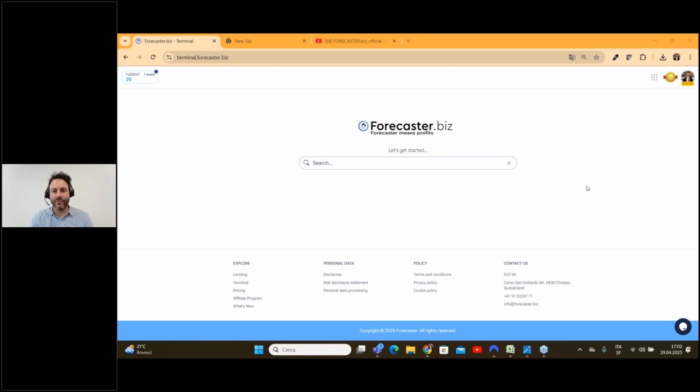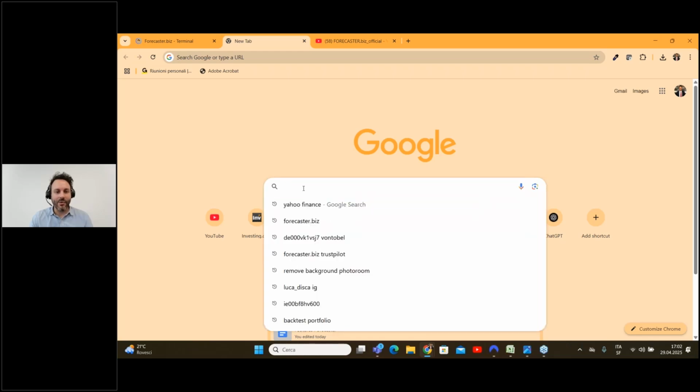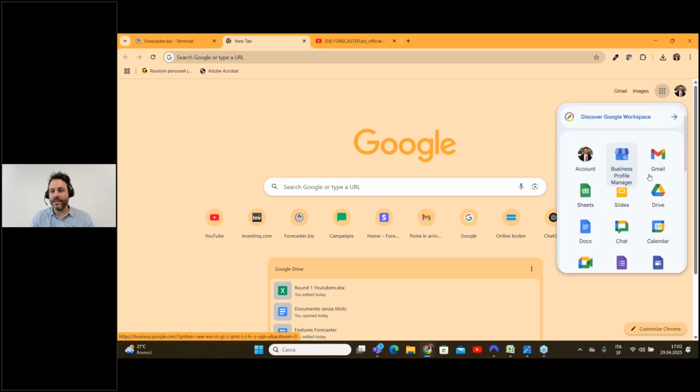Okay, so as you can see, Forecaster is a very clean and very simple software, because the aim of the software is to help you understand the market and save time in your analysis. And as you can see from the interface, it was developed like Google is. If you go to Google, you can find the search bar, and if you go up in the page, you can find all the tools, all the apps from your Google account.